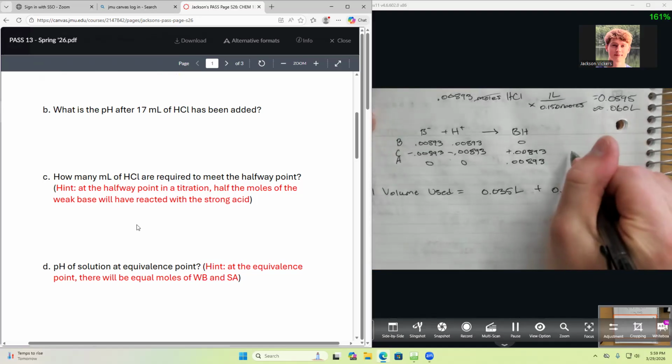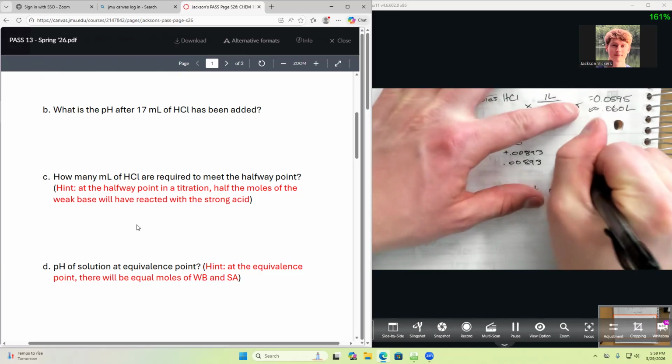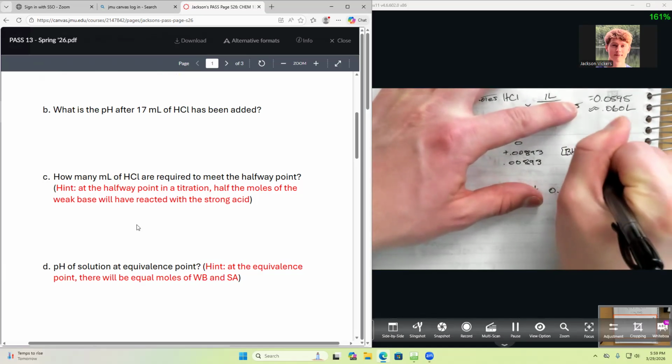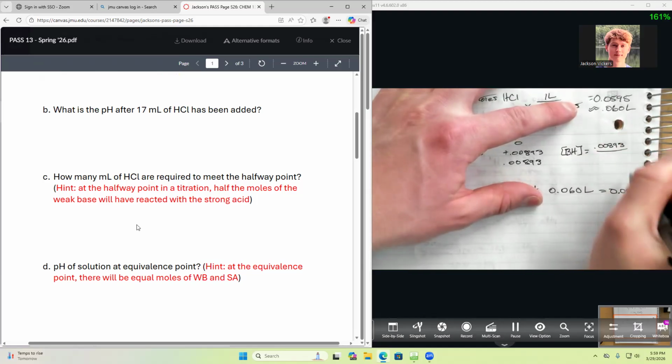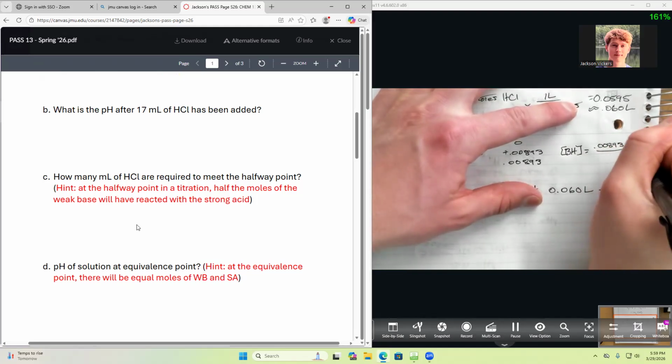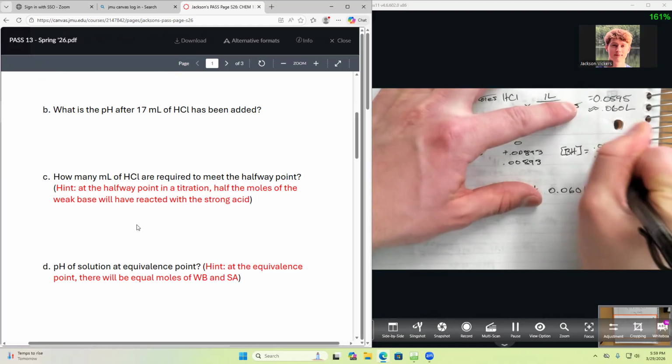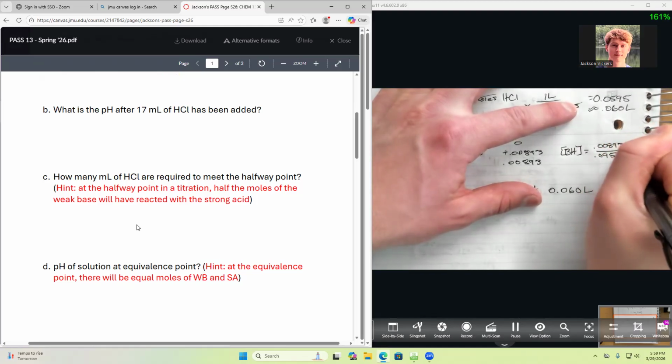Because we're going to have to do the concentration of BH we now have as 0.00893 moles over 0.095 liters.